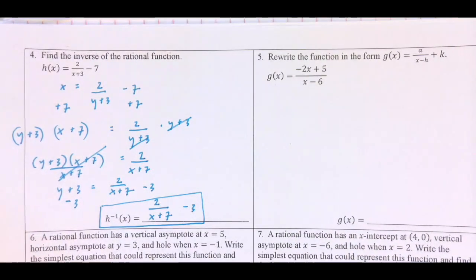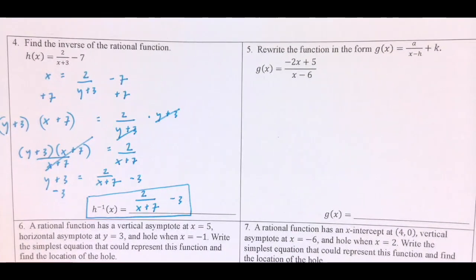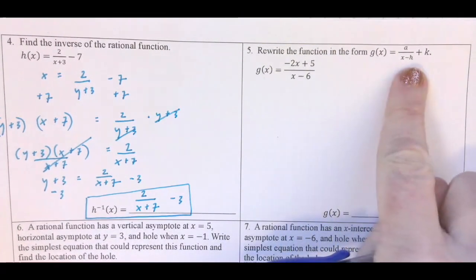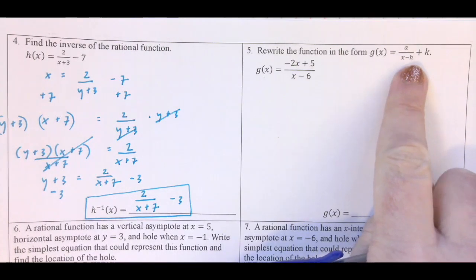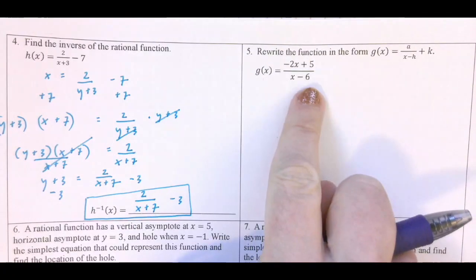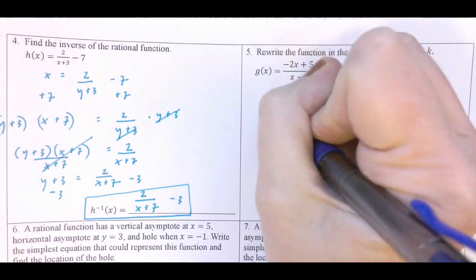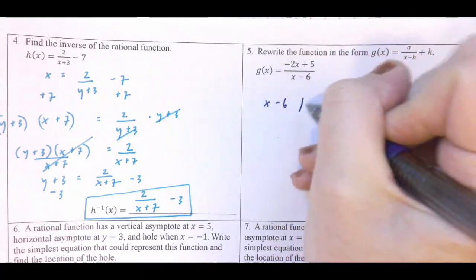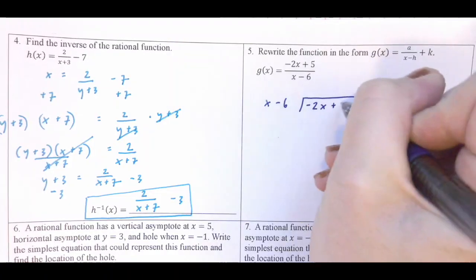Okay, next I'm taking this function here, this rational function, and I want to rewrite it so that I can see all the transformations. So that really only works when I have something linear over something linear. So here it's going to first be x minus 6. I'm trying to divide that out of the negative 2x plus 5.